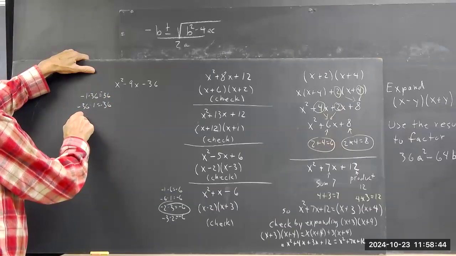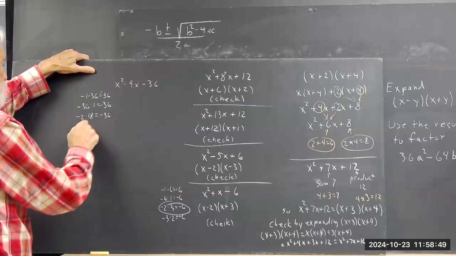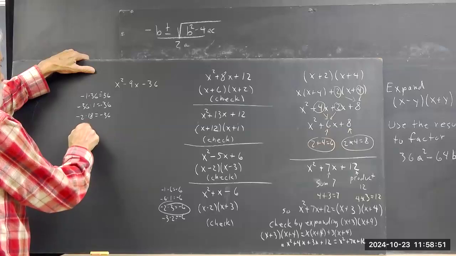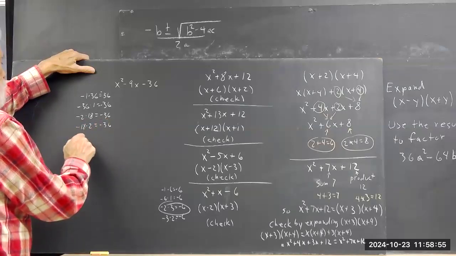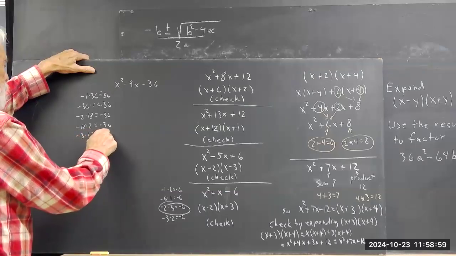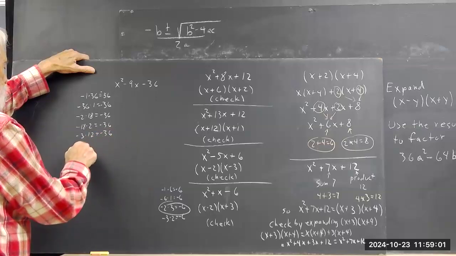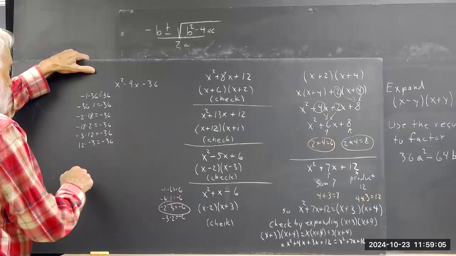Or -2 times 18 equals -36. Or -18 times 2 equals -36. Or -3 times 12 equals -36. Or 12 times -3 equals -36.